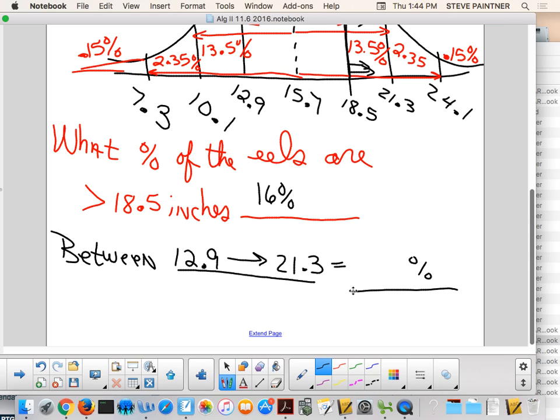Raise your hand when you have it. One person. 3 people have it. 4, 5, 6. Come on, some more people have to raise their hand. Different people.